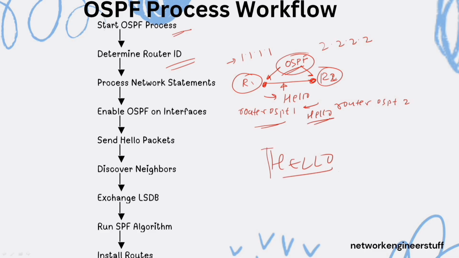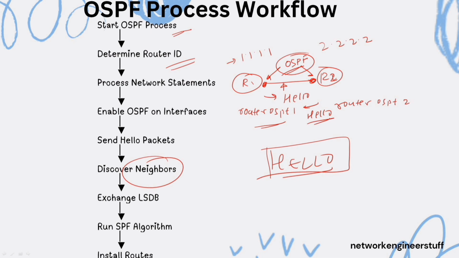The hello message plays a very important role in OSPF, especially when we are discovering neighbors and bringing the neighborship up. A lot of parameters are checked before the OSPF routers form adjacencies, or neighborship, with the other router.